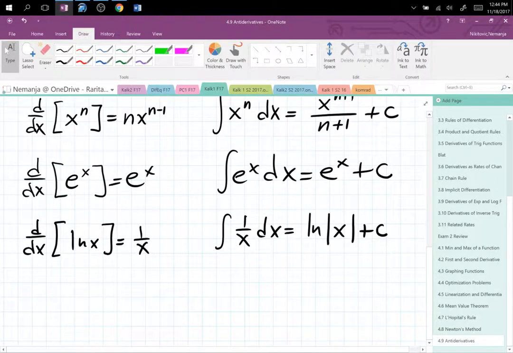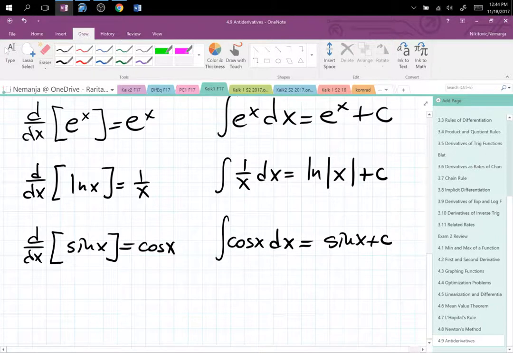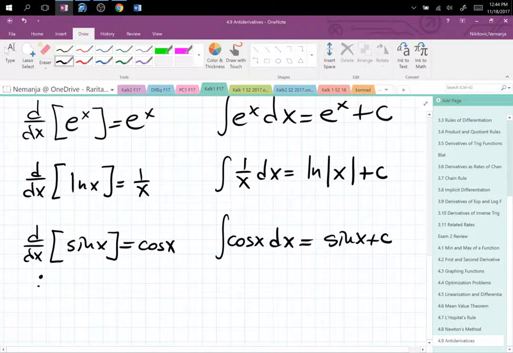How about the derivative of sine x? Very good. So what's the integral of cosine x dx? Nice. I'll put 3 dots here, and I'm just going to pull another one because you know all 6. Derivative of cotangent. What's the derivative of cotangent x?